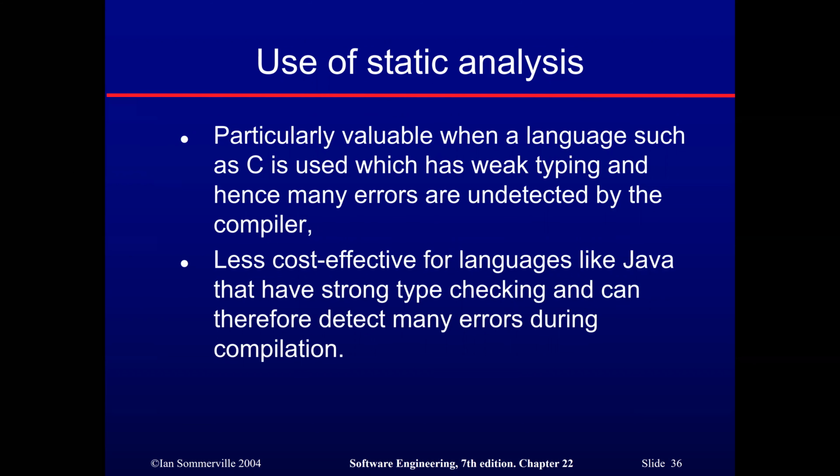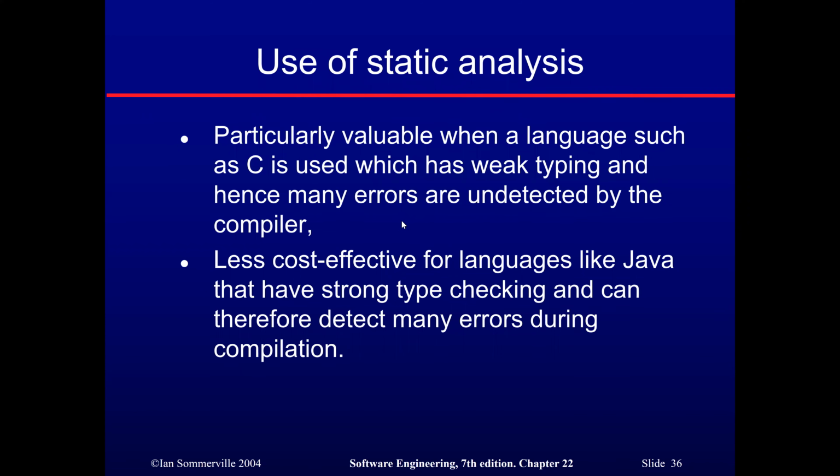Here we look at the uses of static analysis. It is particularly valuable when a language such as C is used, which has weak typing, and hence many errors are undetected by the compiler. So for programming languages with weak type checking facility, static analyzers are important.